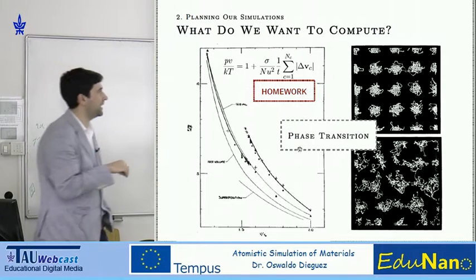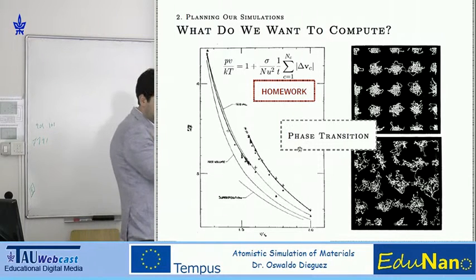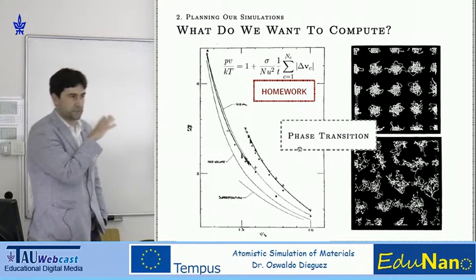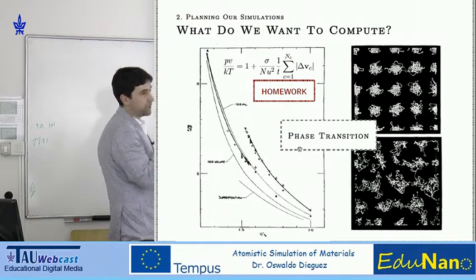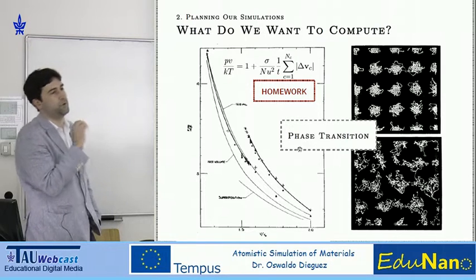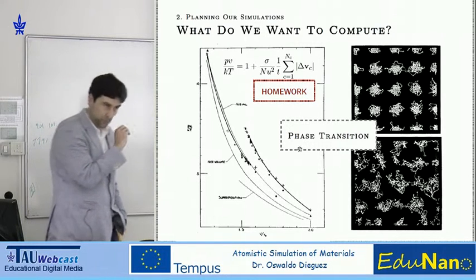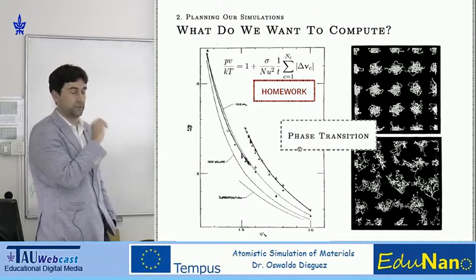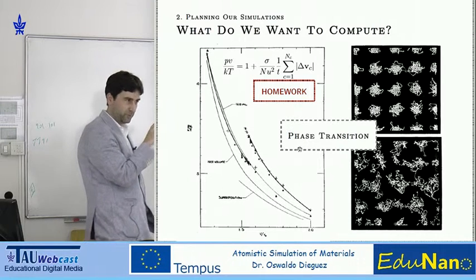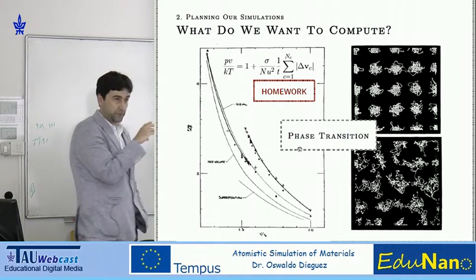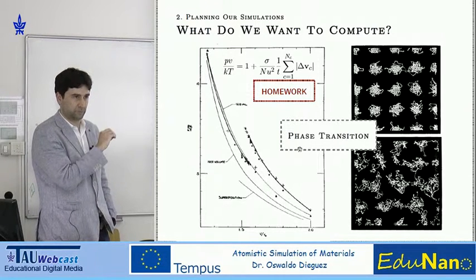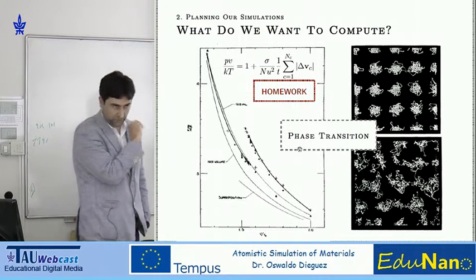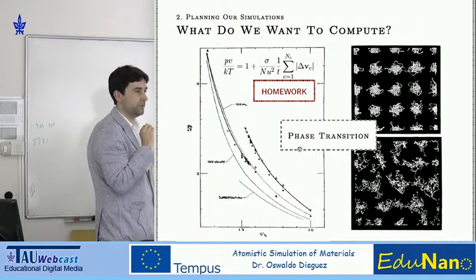Now, there is obviously volume in this system because the box has some size. There is pressure because if the box had walls, the balls would be colliding with the walls. And there is temperature because temperature is just the kinetic energy of the molecules, of the balls. Now, what is the relationship between them?